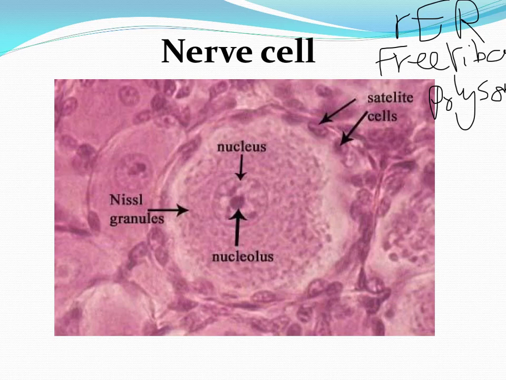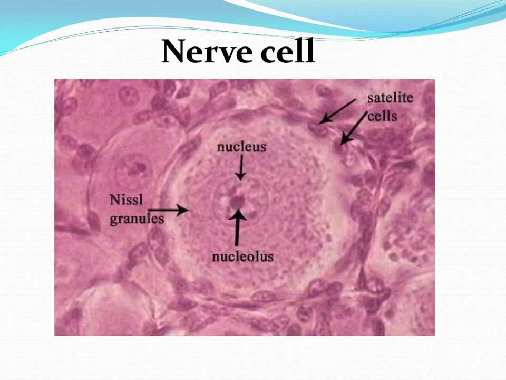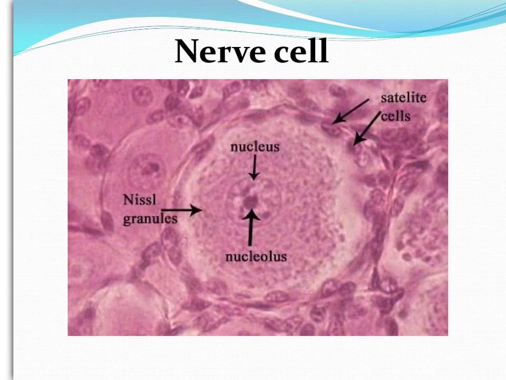Then, you may be asked also about these satellite cells. These satellite cells belong to what? They belong to the neuroglia. So the satellite cells here are neuroglial cells. These neuroglial cells are present in the peripheral nervous system, and they are responsible for the protection of the nerve cell. So they are supportive cells, and they are present in the peripheral nervous system around the nerve cells of the ganglia.